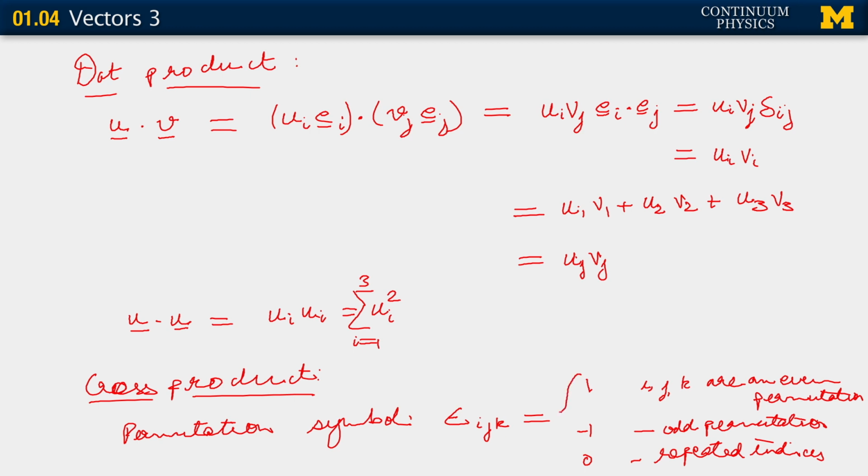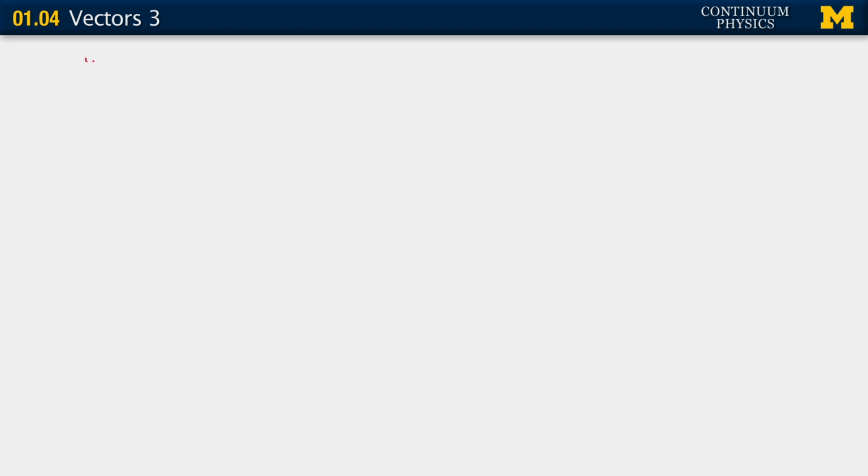And to understand what we mean by this, I just have to tell you what we mean by an even permutation. An even permutation of ijk is something that I will write in the following fashion: 1, 2, 3. If ijk can be written as either 1, 2, 3 or 2, 3, 1 or 3, 1, 2, it is an even permutation.